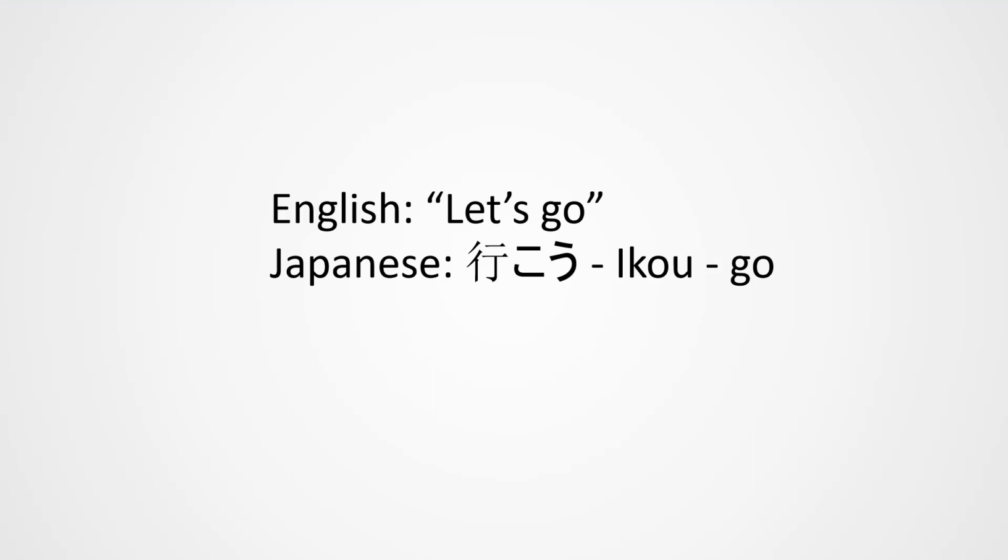They don't even use pronouns half the time, and the verbs don't change for person, and you guess from context. Take for example "let's go" in English. In Japanese they would simply say "iko", which is just the imperative form of go. So just "go", and you understand what it means through context. It could mean we go, let's go, you go, they go. It's just context, all it is.